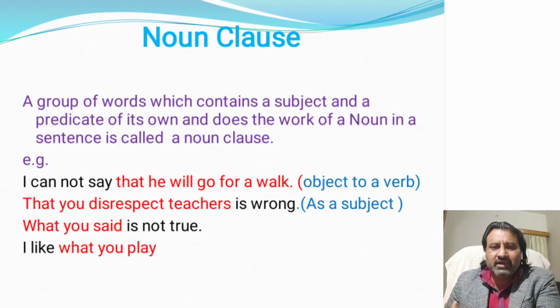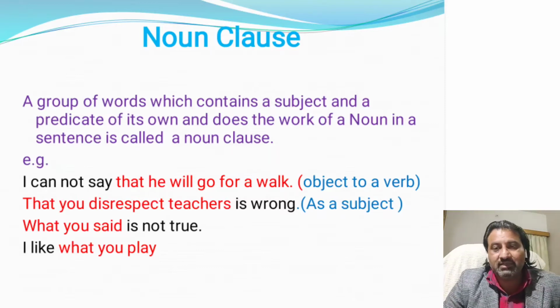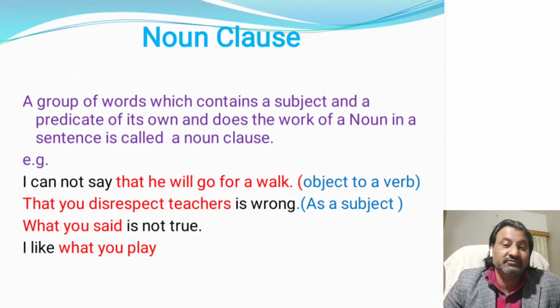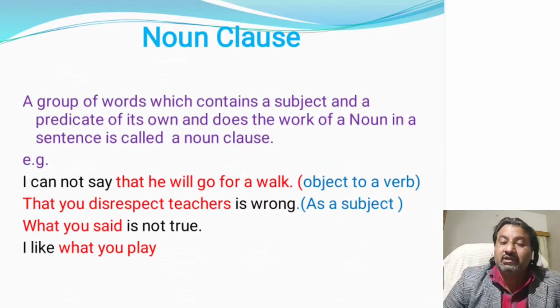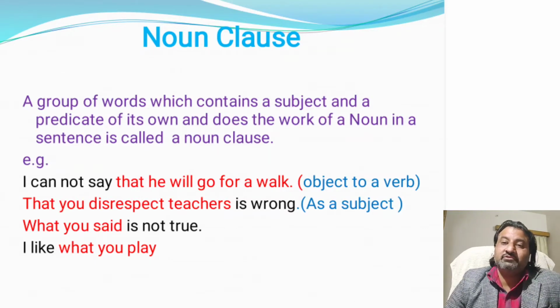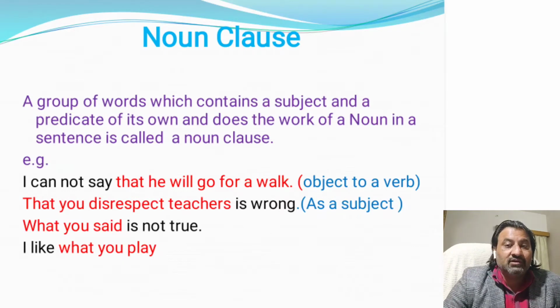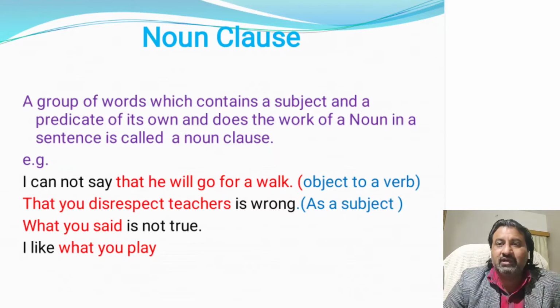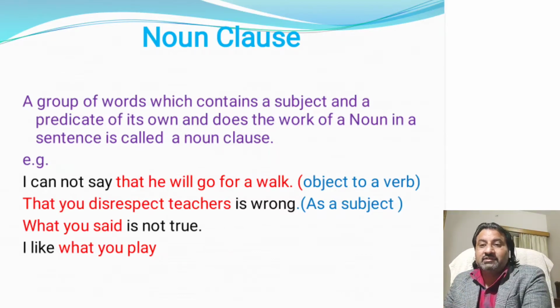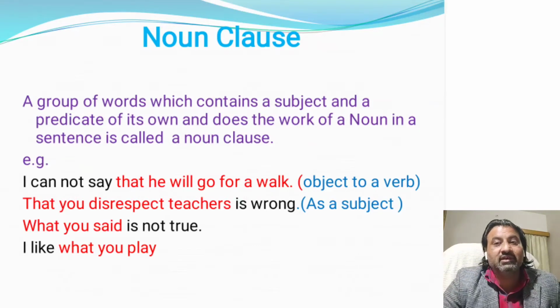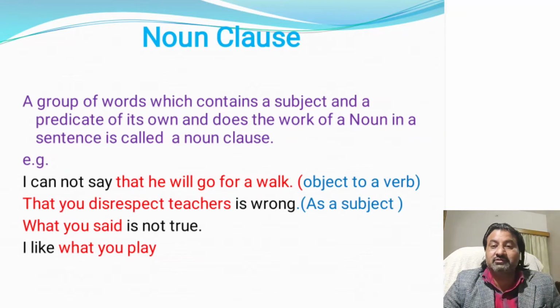So you can replace the entire clause by a noun, so it's doing the job of a noun. This type of clause can be used as an object or as a subject; in a number of positions it can be used. So overall, the clause that does the work of a noun in a sentence is called a noun clause.